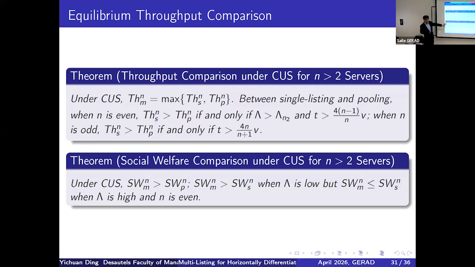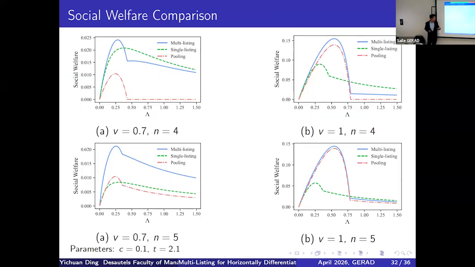What about the social welfare? Originally, we showed if n equals 2, single listing can do much better than multi-listing, because you don't want to accommodate everyone's needs. You want to discourage people from joining, right? That's the main insight. What about here? When n is more than 2, we find a very interesting result.